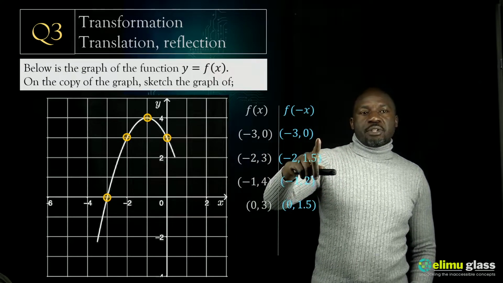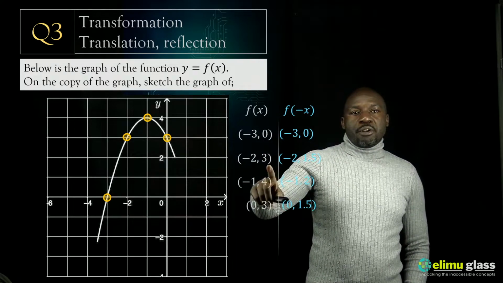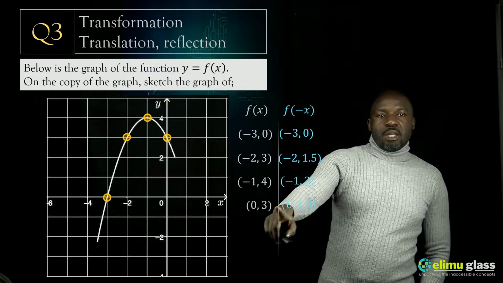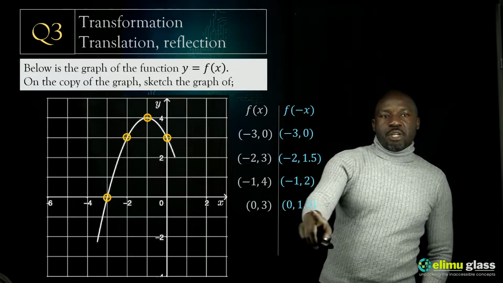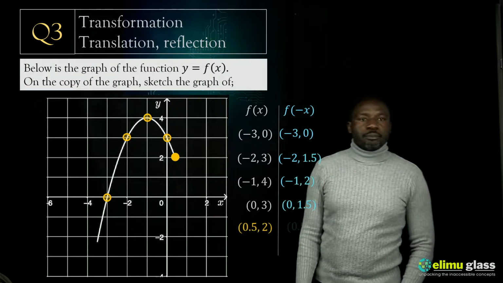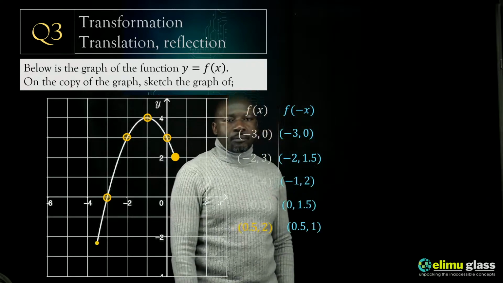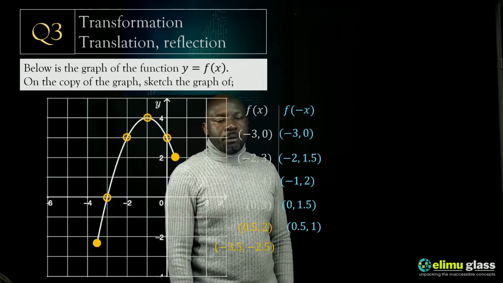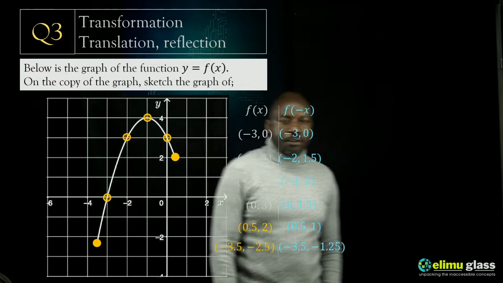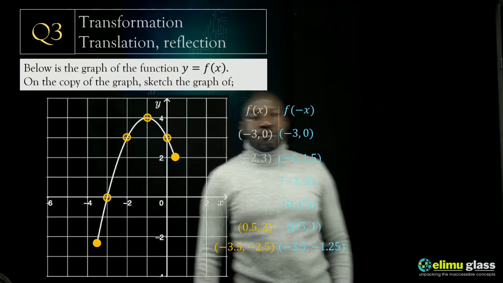It remains 0 because half of 0 is 0. 3 becomes 1.5. 4 becomes 2. And there is the last point. The last point was minus 2.5, so it becomes minus 1.25.